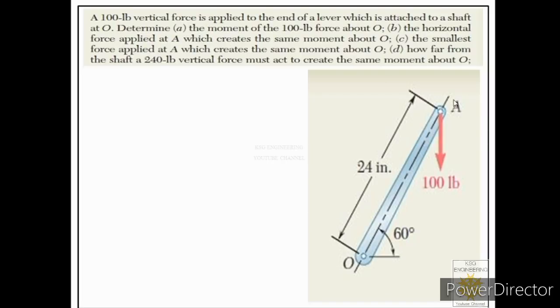Okay, so we have learned in the previous slides that if we have to find the moment of any force about any moment center, then we have to multiply its magnitude by the perpendicular distance it has from the moment center. Means we have to first find the perpendicular distance, we call that as moment arm.